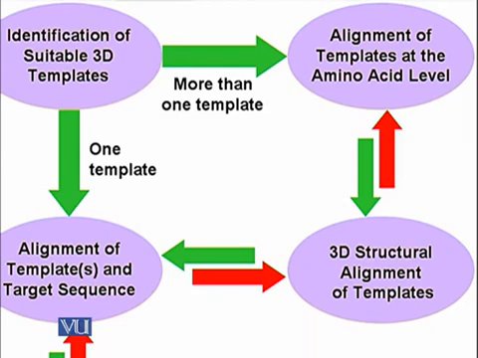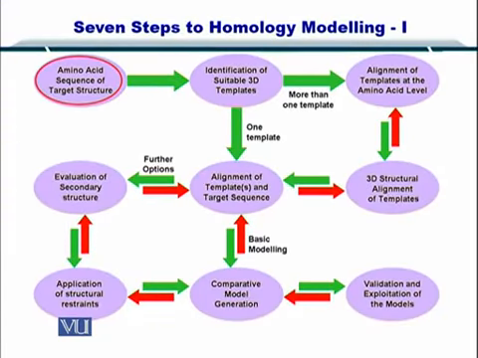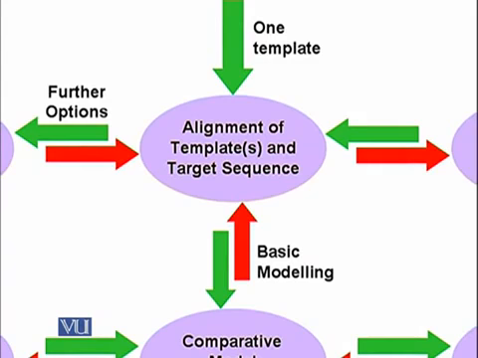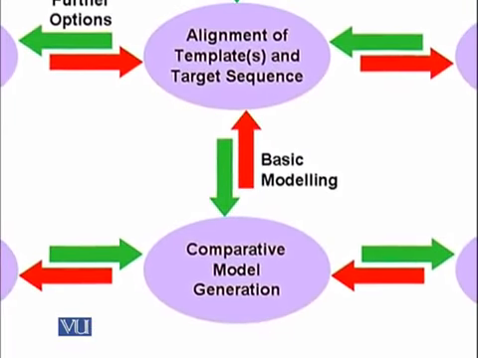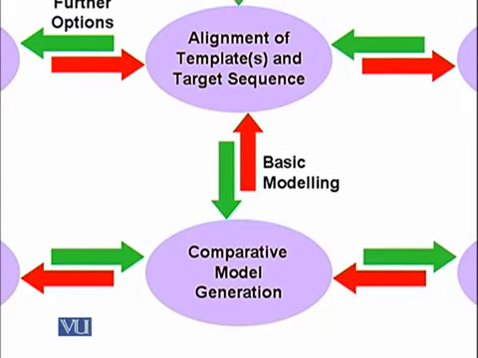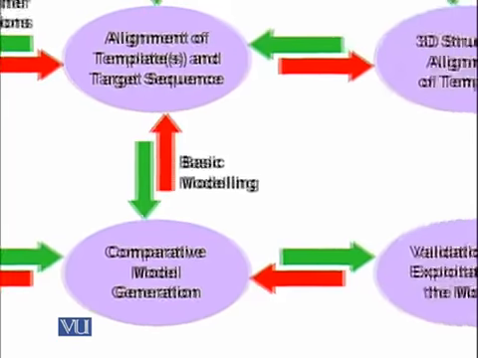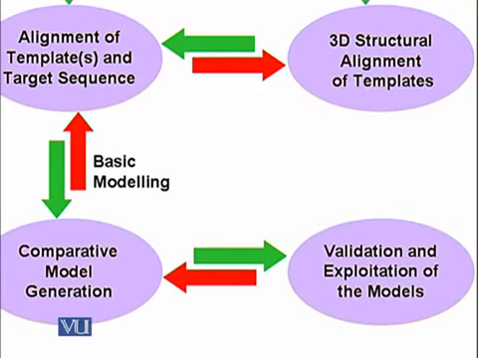You have to keep repeating this loop multiple times for each structural prediction. It depends on how many templates you had. Once this is finalized, then you perform the alignment of the template and target sequence. The comparative model generation takes place here, which is followed by validation of the model.